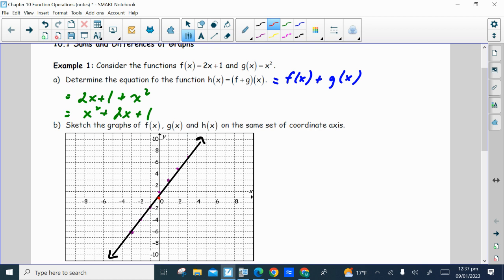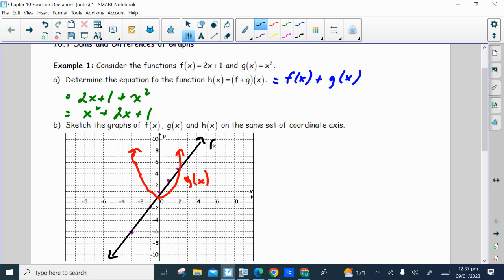When x is 1, 1 squared is 1, 2 squared is 4, negative 1 squared is 1, negative 2 squared is 4. So this is the graph of y equals g at x.